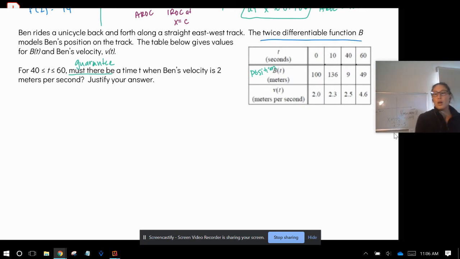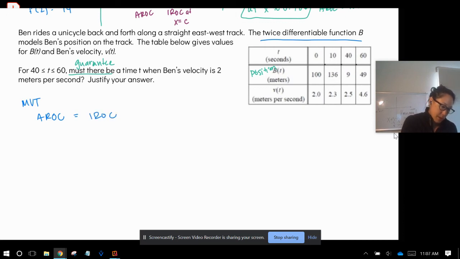So because the function is differentiable, it is also continuous. So I have the mean value theorem, which I can use, AROC is equal to IROC.